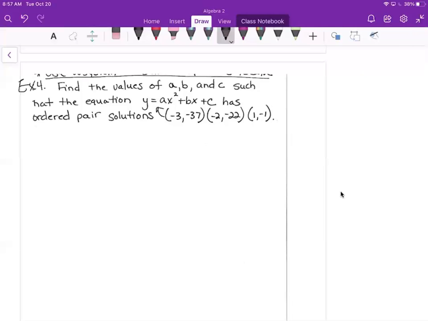So whenever you have a problem like this, what you want to do is make a couple of equations using those numbers. So here's the bones to our equation. And we're going to replace all of our x's with these ordered pairs and all of our y's with the other numbers associated with them. So we're going to end up making 3 equations using that first equation.